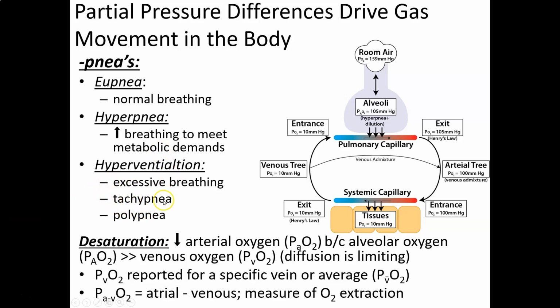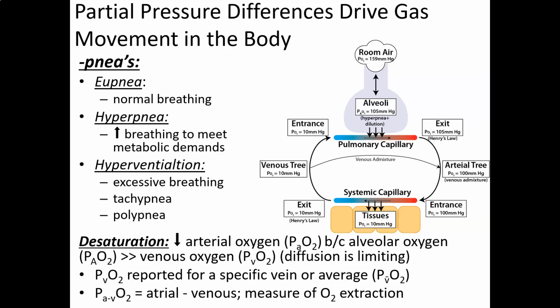We saw tachy before for tachycardia, so instead of the heart, cardia, we're at pnea, which is breathing. So most of you probably figured out that tachypnea is increased breathing. And then sometimes people also use polypnea. Poly, many, pnea, breathing. So that's also an increase in breathing. And all three of these are actually hyperventilation, just another way to describe hyperventilation.